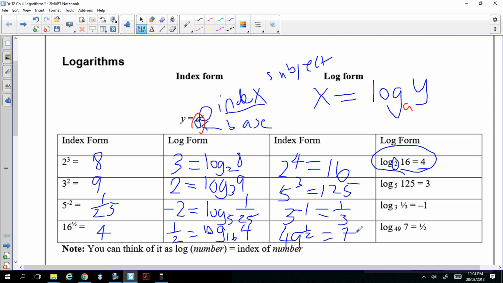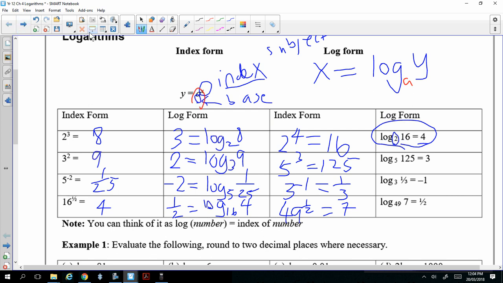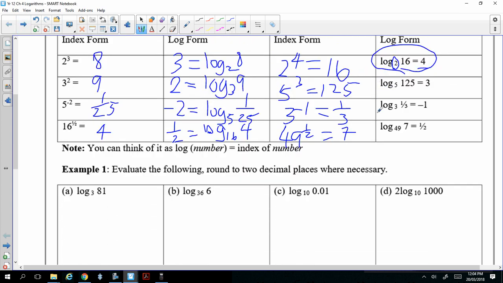All right, now we're going to do more questions. Now we know how to convert, we have to work out what log of 81 is. Remember, log of a number is the index. So the question is, what index does 3 have to be raised to get the answer 81? 3 to the power of what becomes 81?